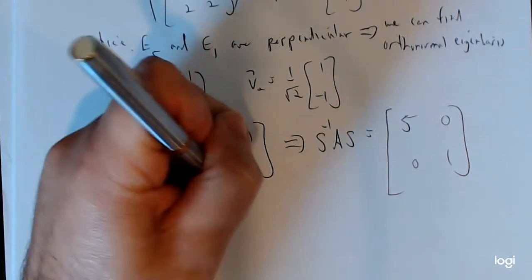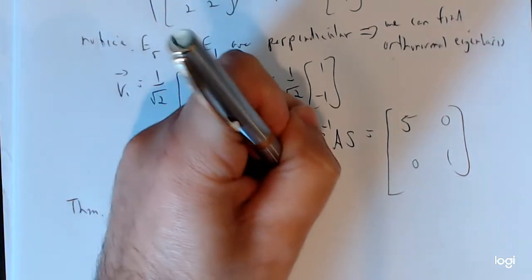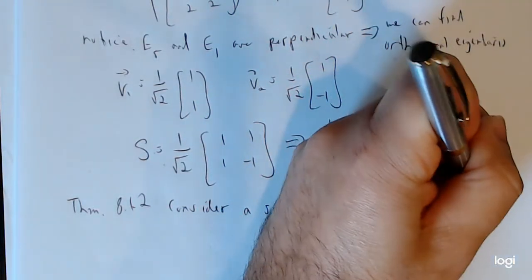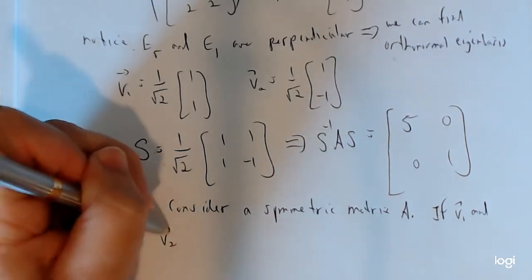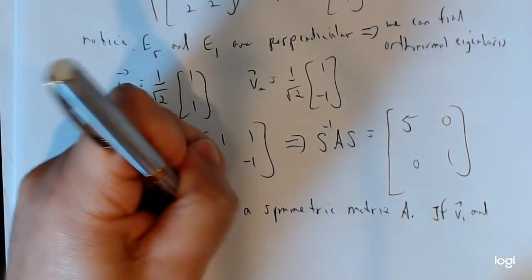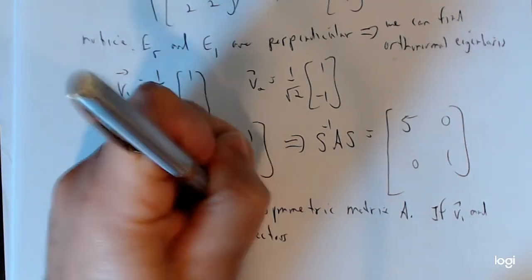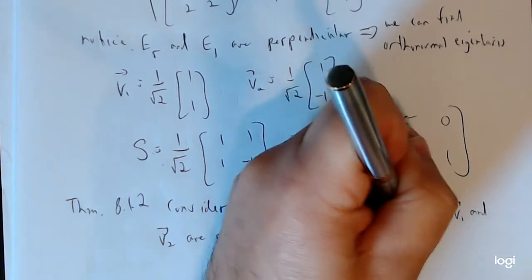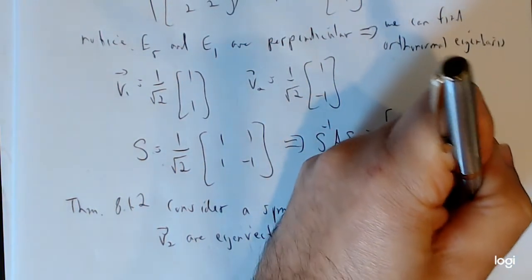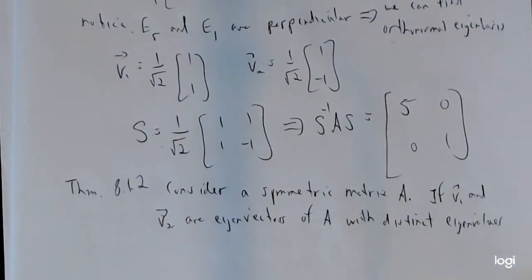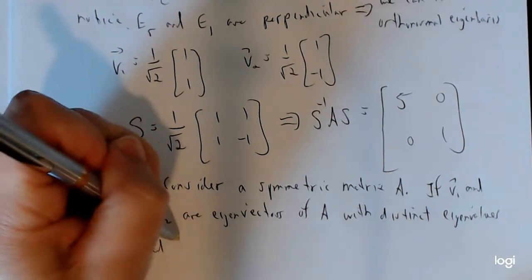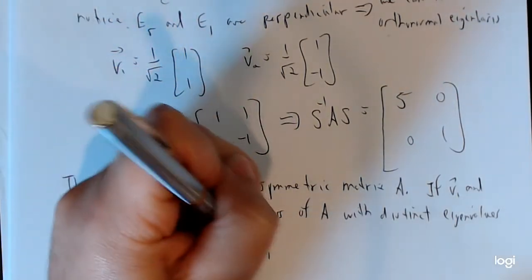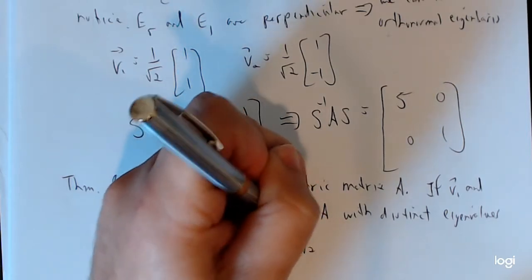Consider a symmetric matrix A. If V sub 1 and V sub 2 are eigenvectors of A with distinct eigenvalues lambda sub 1 and lambda sub 2, then V sub 1 dotted with V sub 2 equals 0.